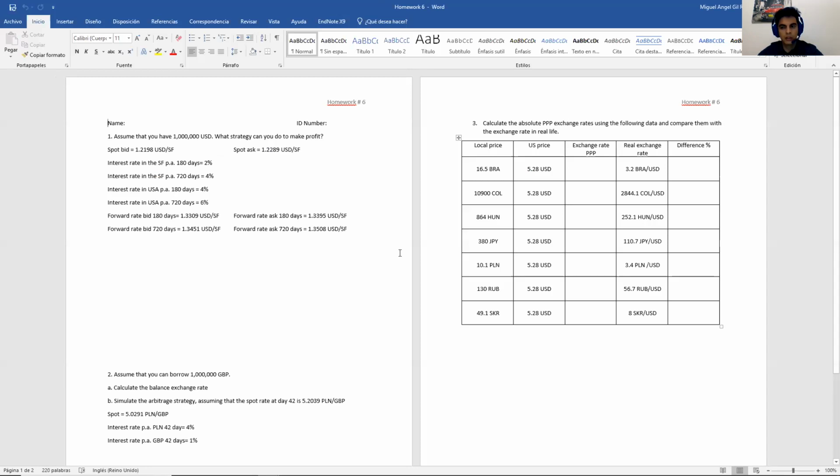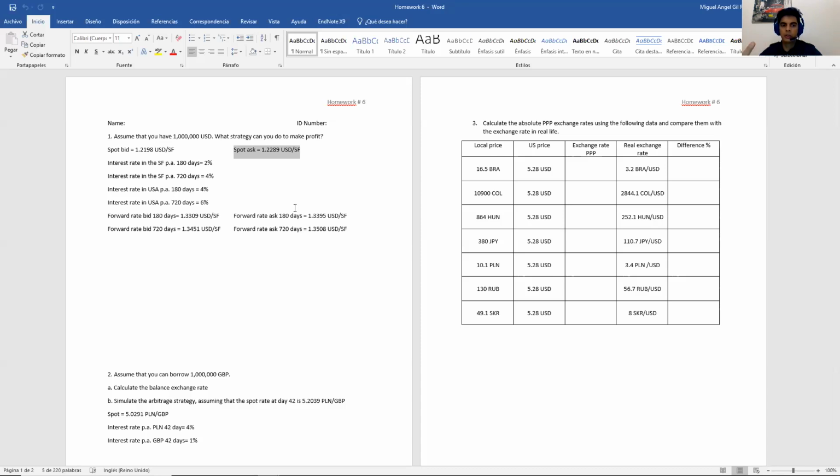It's a little bit more complicated, but just a little bit. Why? Because in here we have two complications. First, we have bid and ask. Do you remember that from the triangular arbitrage with bid and ask? So you have to be careful when you convert the dollars and the Swiss francs.